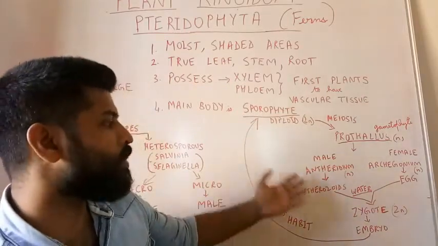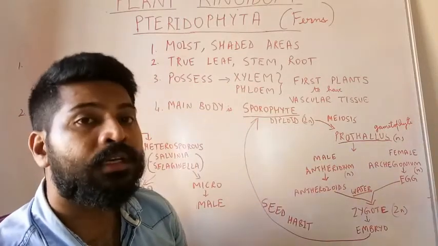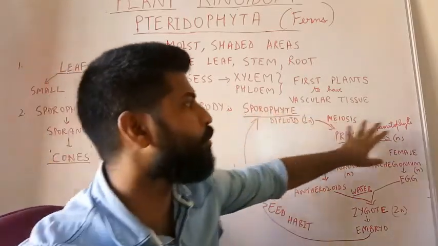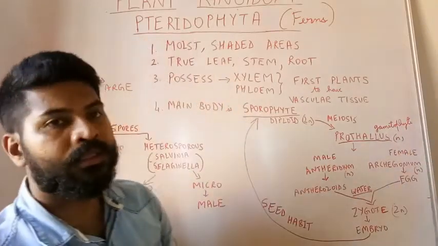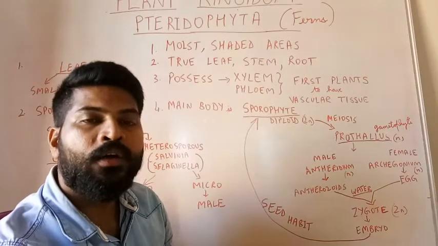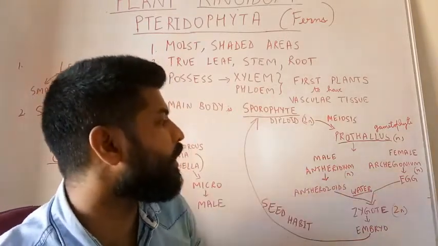The antheridium produces antherozoids, archegonium produces the egg, which are the gametes. Sporophyte undergoes meiosis, produces the gametophyte. Gametophyte produces the gametes. The antherozoids require water for their movement.